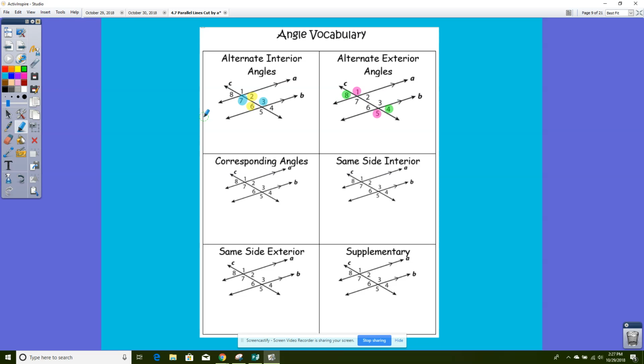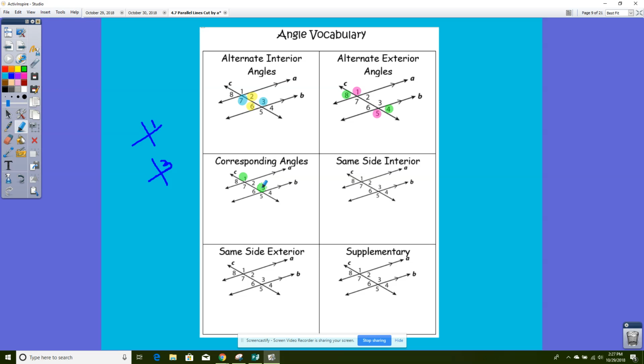Now, corresponding angles measure the exact same thing, but they're in what I would say the same position. So if you would break these parallel lines down, you could make 2 kind of grids that look like this. And so they're going to be in the same position on the grid. So for example, 1 and 3 would both be in the same position on their relative grids.